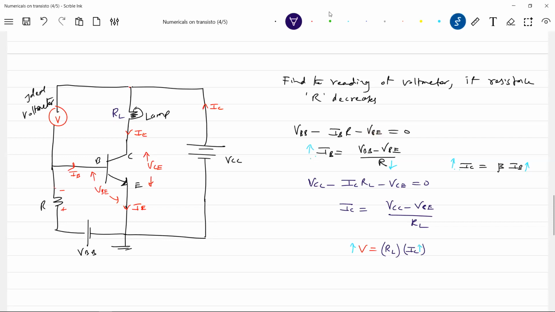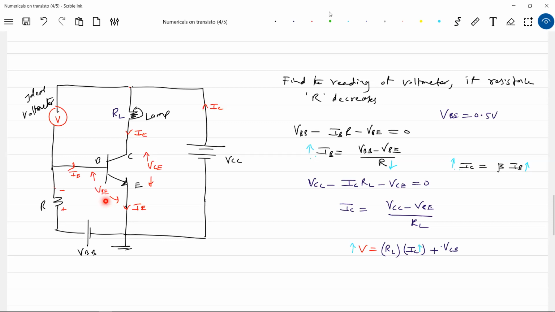Okay, I'll do one thing. ICRC minus VCB. Okay, no problem with this. This collector base will be reverse biased. There'll be a drop. VBE is fixed here.